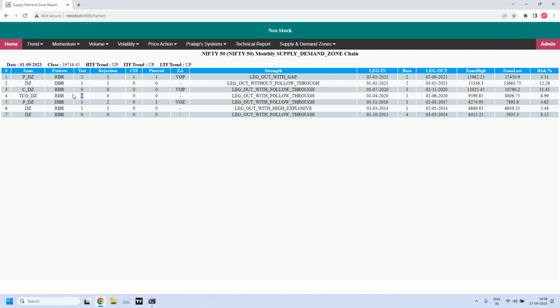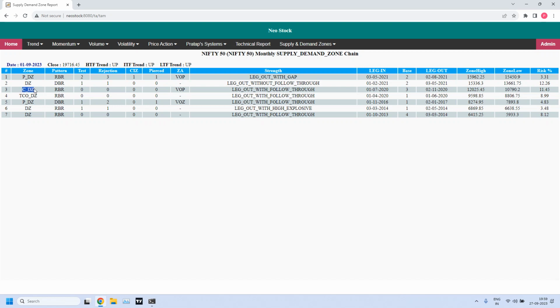What this high liquidity zone indicates, especially the C underscore DZ if it is a demand zone, or C underscore SZ if it is a supply zone. That is the highest high liquidity zone. Among the high liquidity zones, I always give top ranking to C underscore DZ or C underscore SZ.